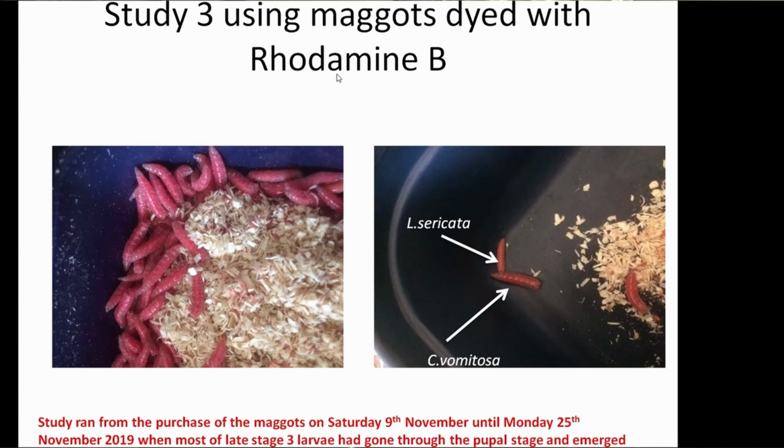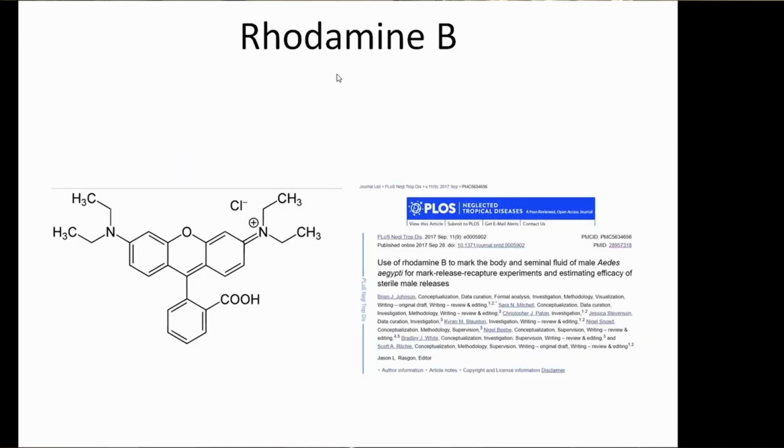Now, rhodamine is this structure. It doesn't matter, but it's all carbons and hydrogens and nitrogens. I want you to notice it's got no iodines on, so this is not something that will show up on an X-ray, but it is used by entomologists for marking purposes.